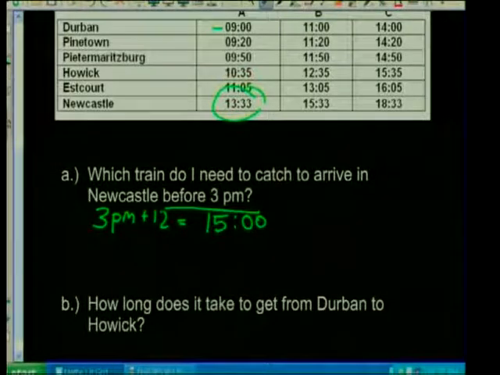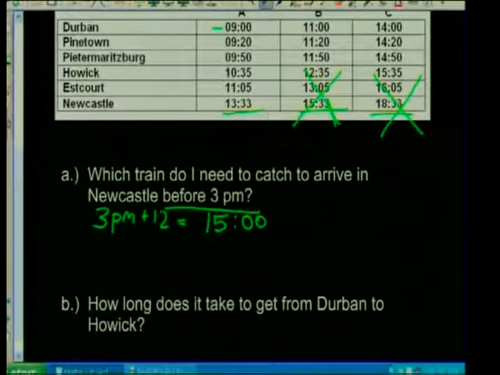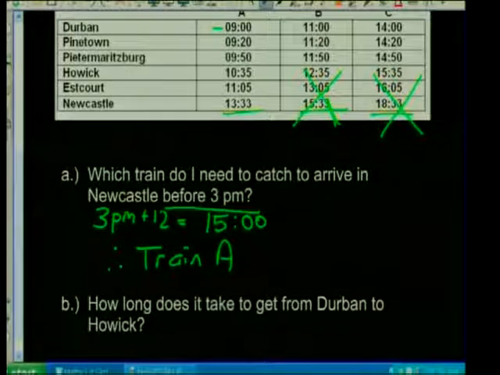And I need to be in Newcastle before then. So let's look at my Newcastle times. I've got one at just after 1:30, just after 3:30, and just after 6:30. So that's definitely out. Can't catch that train. This train, I need to be there before 3, so that's out. So therefore, which train do I need? It is train A. It is the only train that'll get me there in time.